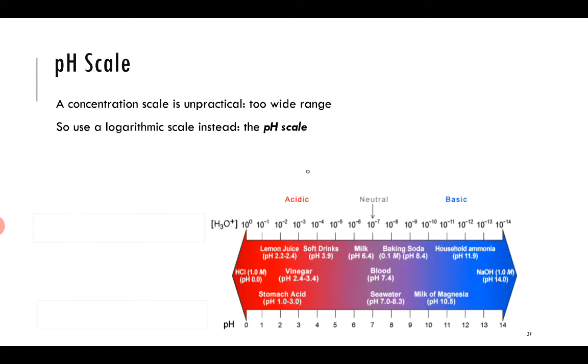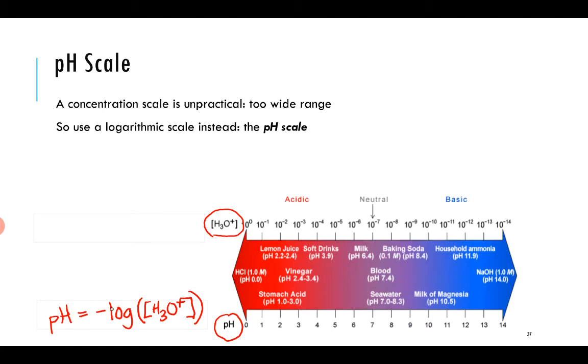So we want to simplify things, and so we're going to switch to a logarithmic scale, which is pH. And so we can see that here we have our H3O plus, and this says pH. Our pH will be equal to the negative logarithm base 10 of our H3O plus concentration.